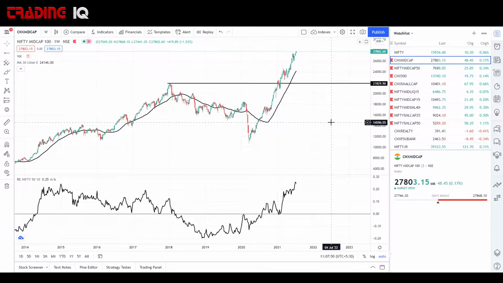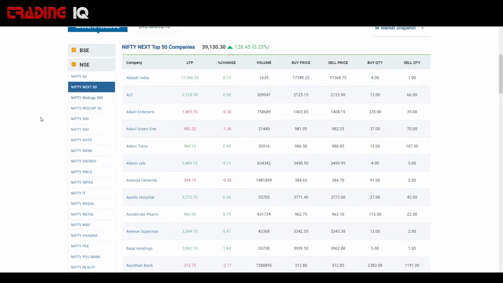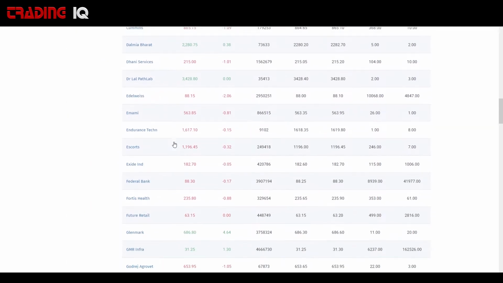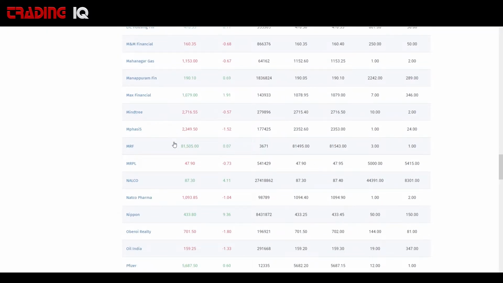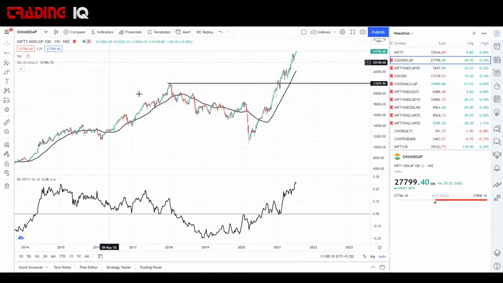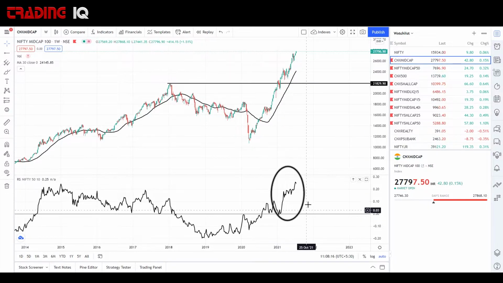So now let's study the mid cap sector. This is Nifty Mid Cap 100. And these are the top 100 mid cap companies available in India, right? Now let's study its chart. It is positioned well above its 30-week moving average, and it is performing much better than the overall market, which is Nifty 50.